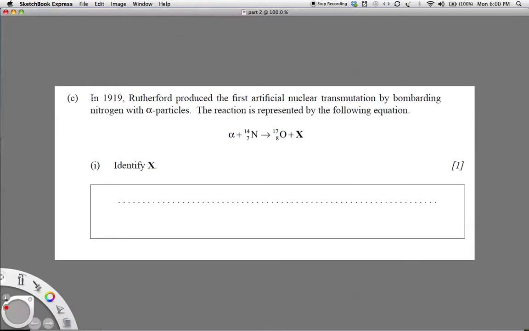In 1919, Rutherford produced the first artificial nuclear transmutation by bombarding nitrogen with alpha particles. The reaction is represented by the following equation.